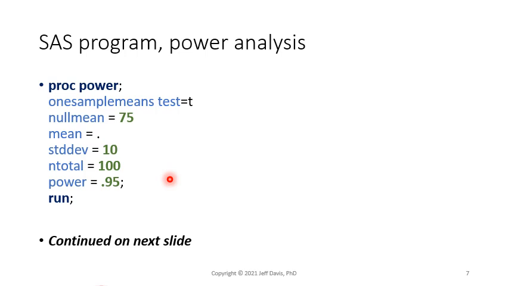So I want to be able to say that, since I observed a value of this or something larger, I can reject the null that the mean is 75, and I can be about 95% confident that I'm not making a type 1 error. I'm not looking at a false positive result.